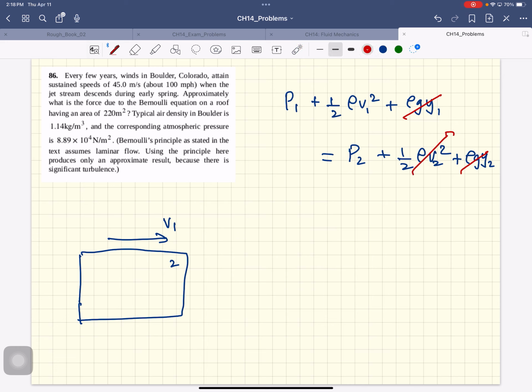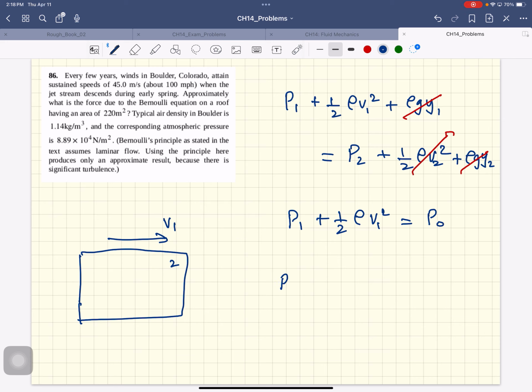Okay. What is the pressure here? That's atmospheric pressure. Okay. So we have P1 plus 1/2 rho V1 squared equal to P naught.